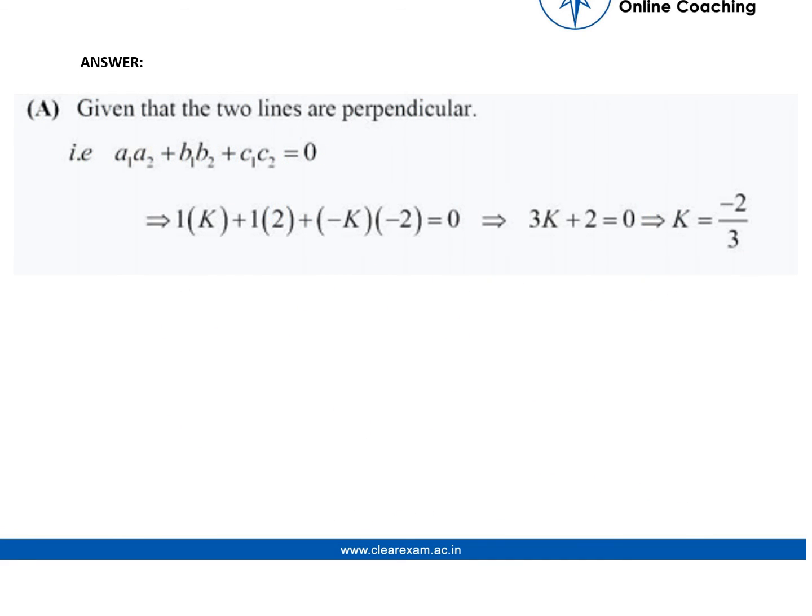As you can see, a1 a2 plus b1 b2 plus c1 c2 is equal to 0, and a1 is 1, a2 is k, b1 is 1, b2 is 2, c1 is minus k, and c2 is minus 2. Now if we multiply all of them, we will get 3k plus 2 is equal to 0, which gives k equal to minus 2 by 3. So the correct answer is this.